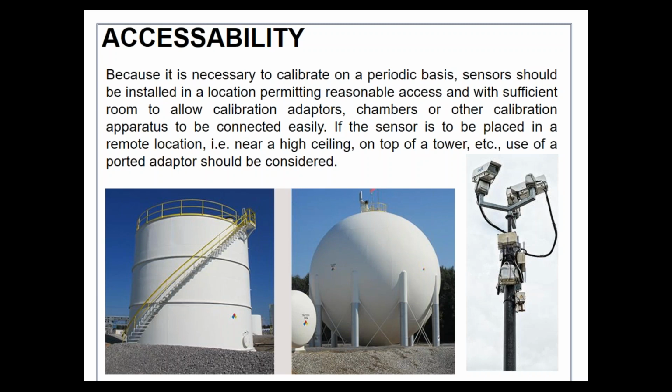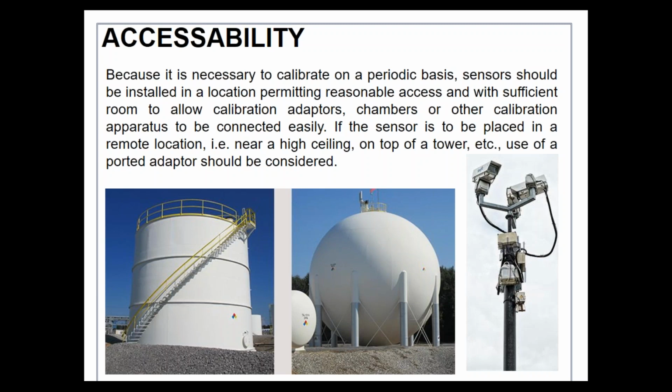I've been to Dow Chemical sites where they put sensors, if you look at that picture in the middle, they had a round sphere and they put a sensor right smack underneath the bottom of that sphere, which had about 6 inches of space under it. And basically they had to crawl underneath that to do calibration and repair, and it just didn't make sense to me.